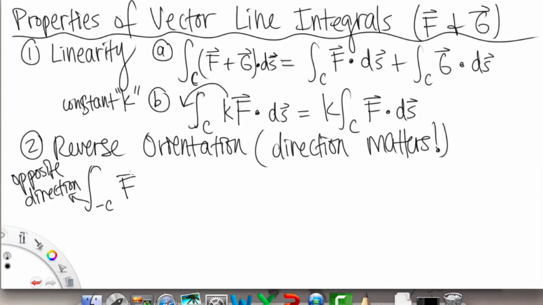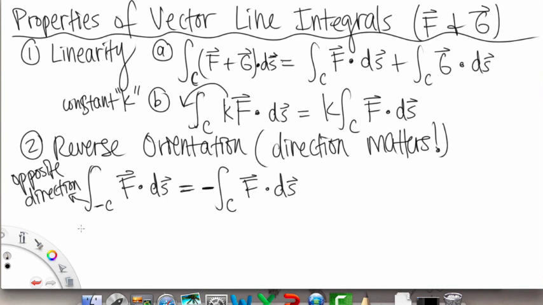When you're traversing a curve in the opposite direction than it is oriented, you can basically just pull the negative out in front, and it will be the negative value of whatever you get when you traverse it in the correct direction. So that's basically all this property is saying: when you go in the opposite direction, it's just the negative of the other way around.